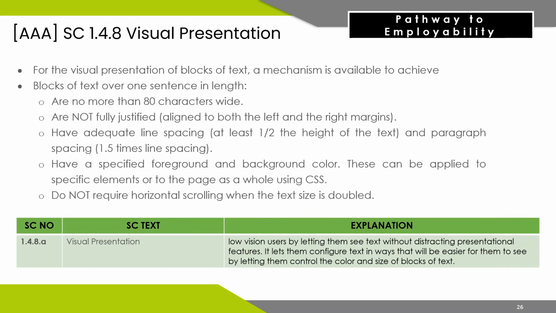The requirements for success criterion 1.4.8 Visual presentation are 1.4.8.a Visual presentation. Helps low vision users by letting them see text without distracting presentational features. It lets them configure text in ways that will be easier for them to see by letting them control the color and size of blocks of text.